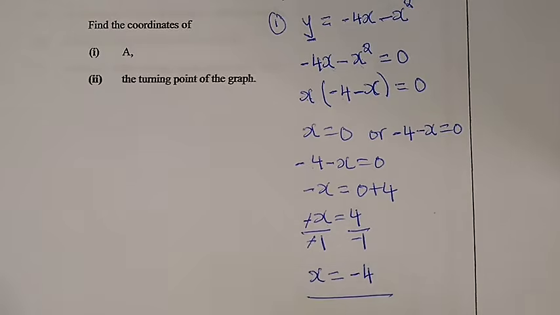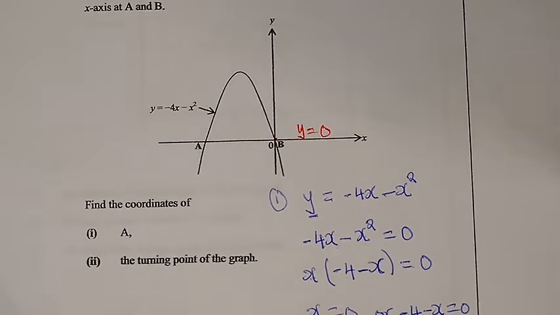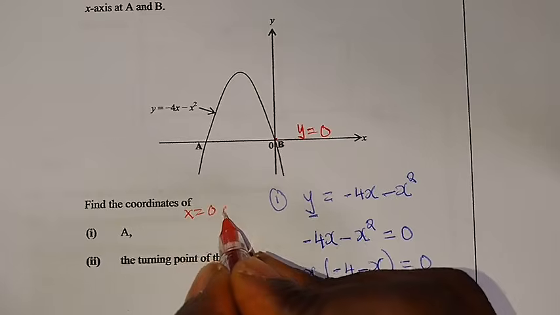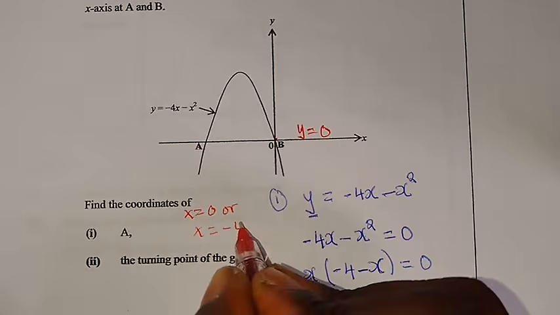4. Now, upon finding the values of x, we can try to come up with the coordinates of A. What you need to know is the values of x that you have found. We have said x is equal to 0 or x is equal to what? Negative 4.